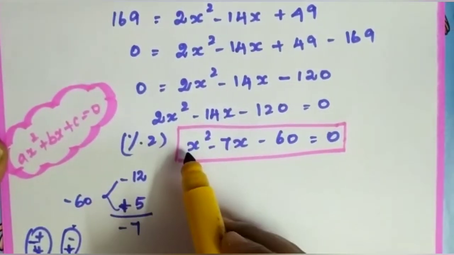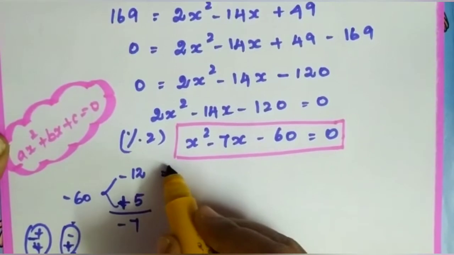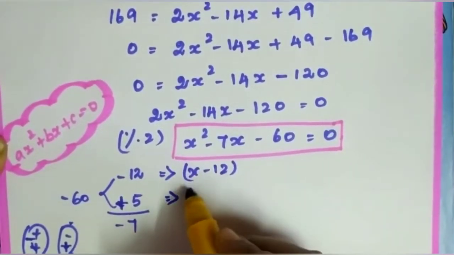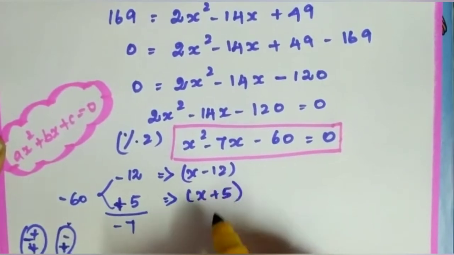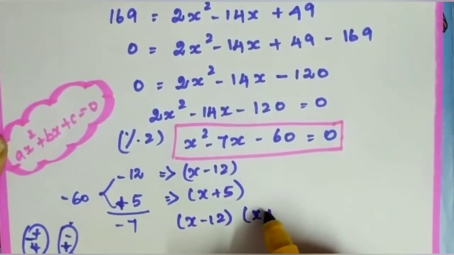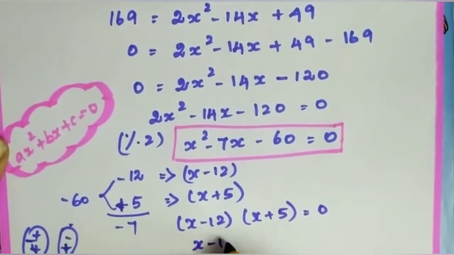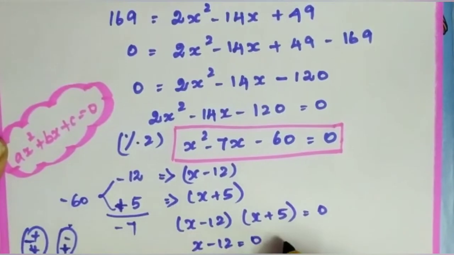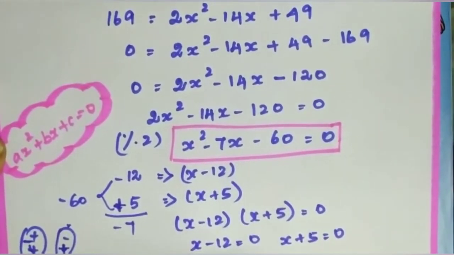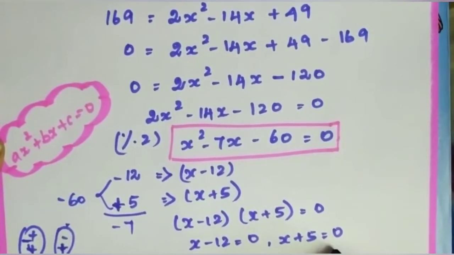Here I don't have any coefficient with x square, so straight away I can write the answer: x minus 12 and x plus 5 is equal to 0. x minus 12 is equal to 0 and x plus 5 is equal to 0. x is equal to 12, comma, x is equal to minus 5.